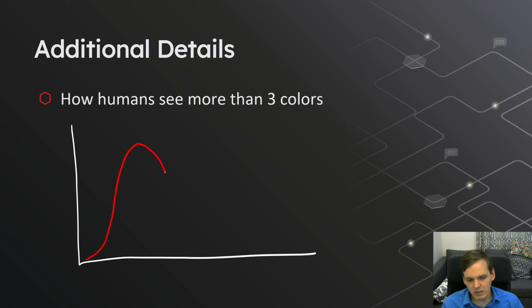So you can imagine something like this. So the red cones, this is, say, red. And then we have orange, yellow, green, blue, purple.